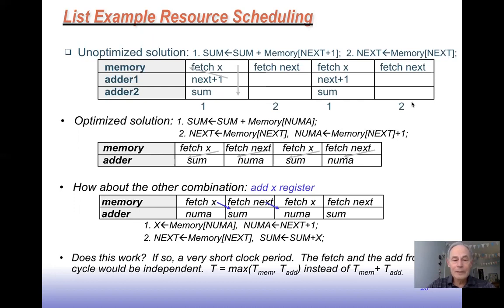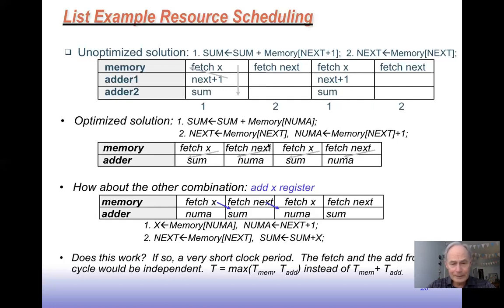In the optimized solution, what we did is introduce that NUMA register. You can see in that solution, on clock cycle 1, sum gets sum plus memory of NUMA. We used the memory on this clock cycle to fetch x, and then that value gets sent to the adder, and then we compute sum. That happened all in one clock cycle.